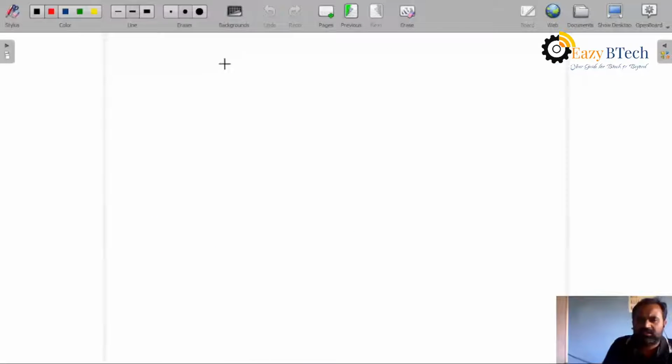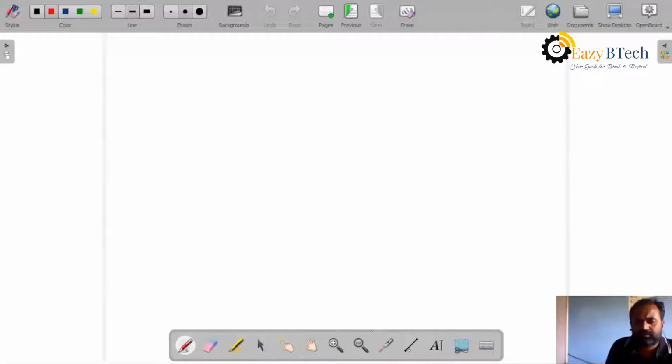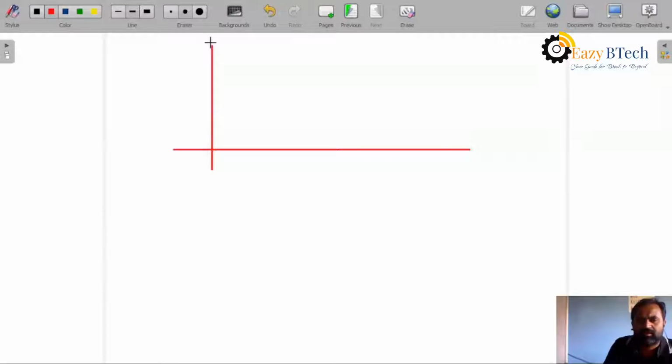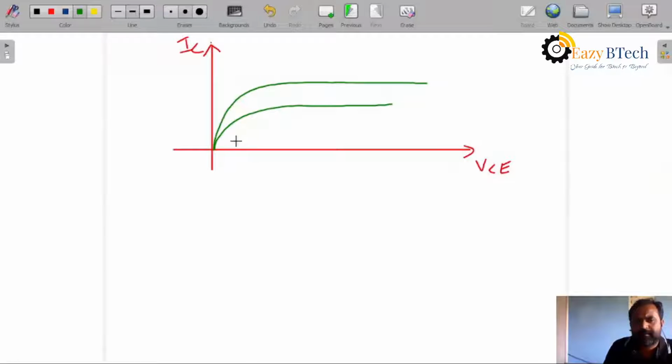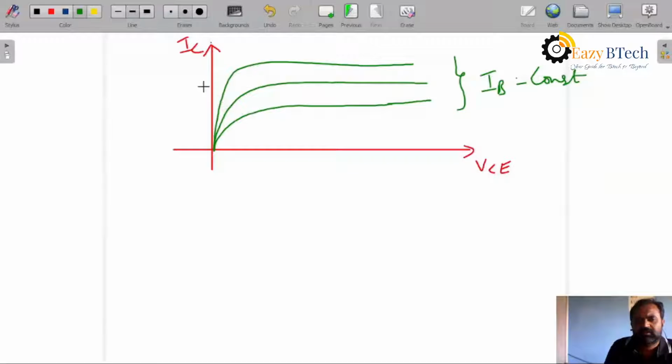In this graph, this is IC, this is VCE, and the graph is like this, for input current constant. Now we will draw the line.